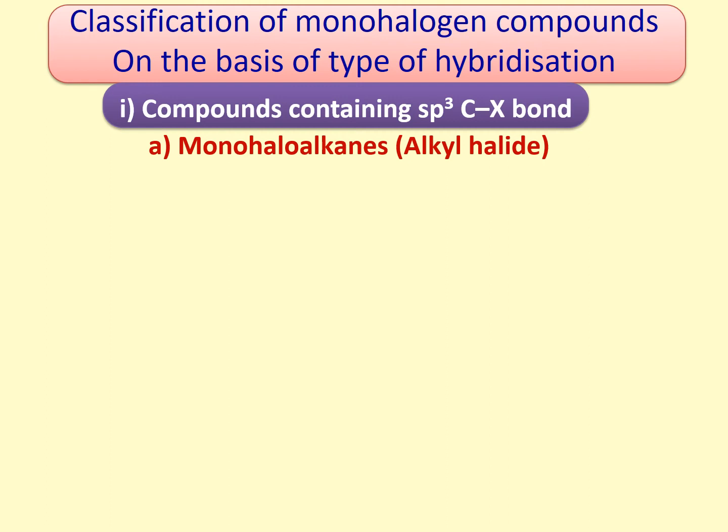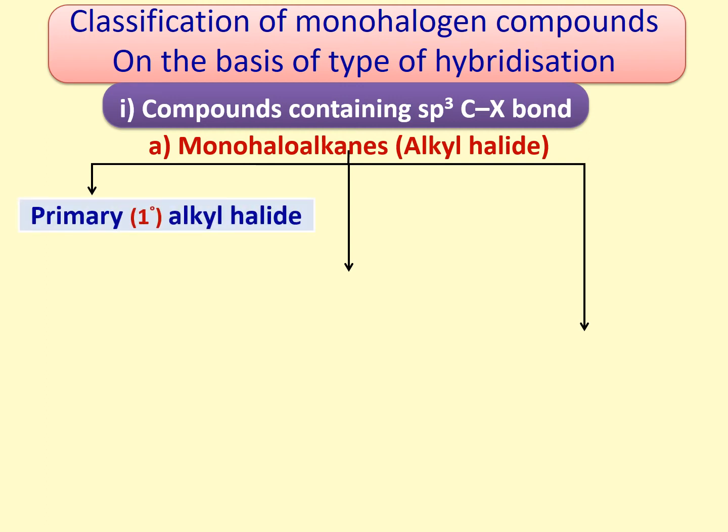Monohaloalkanes are classified into three types depending upon the type of carbon atom to which halogen atom is attached. In primary alkyl halides, halogen atom is attached to a primary carbon atom. For example, ethyl chloride. So in ethyl chloride, chlorine is attached to a carbon which is attached to only one other carbon atom.